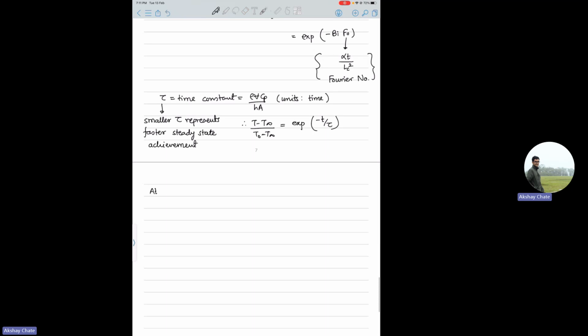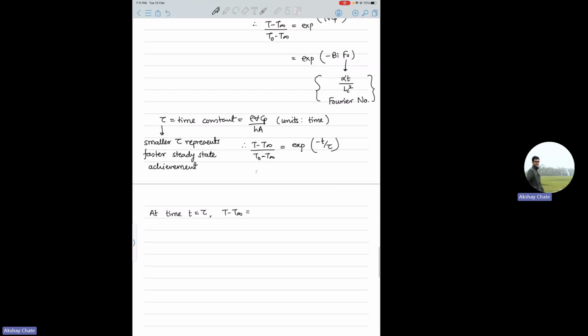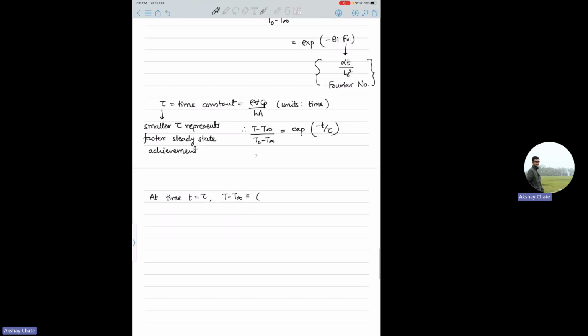So at time t equal to tau, your T minus T infinity, from this formula itself, becomes T0 minus T infinity into e to the power minus 1.